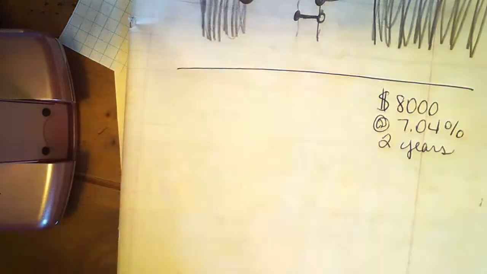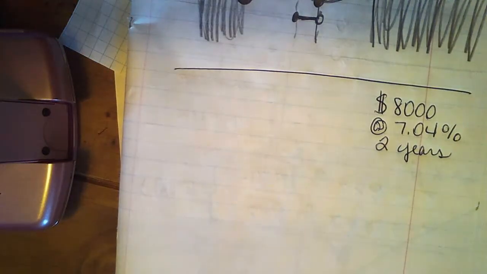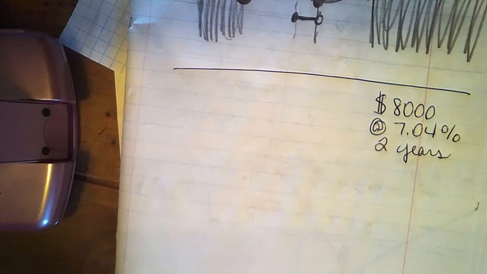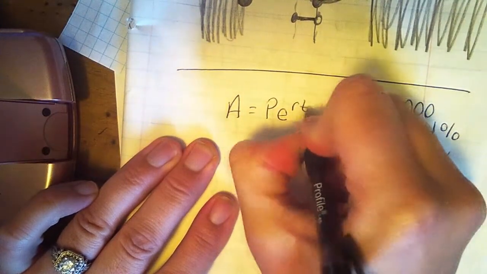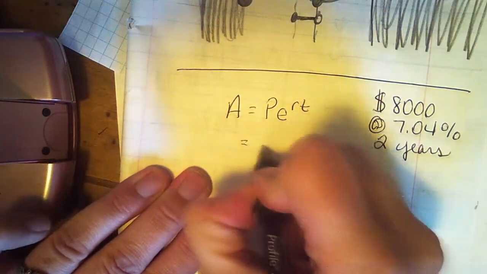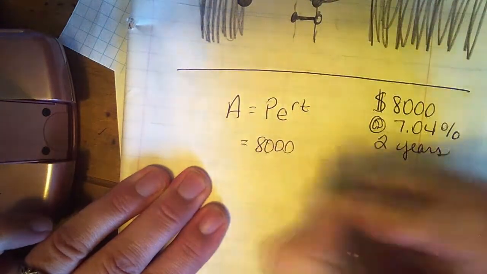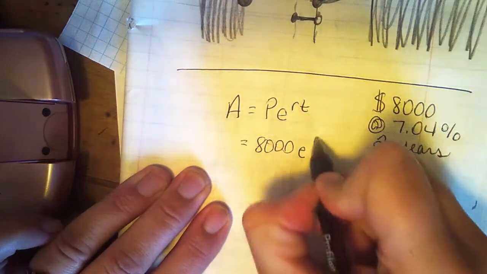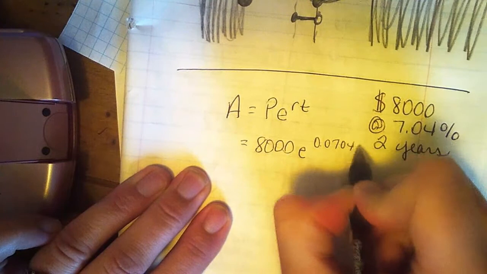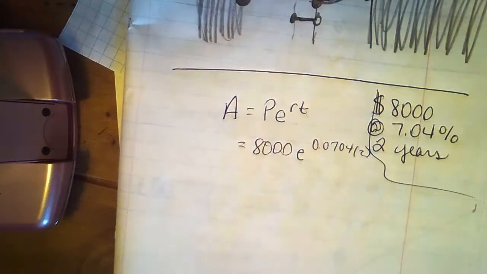So again, when you hear the word continuously, you should immediately note that you're going to be working with E. So the word continuously tells you to use this formula. So I've got $8,000 E to the, and then remember, change this to decimals, 0.0704 times 2.